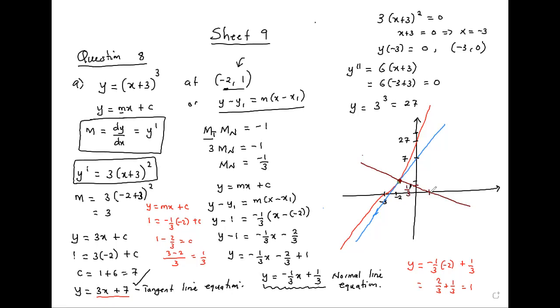And on this side, we can find the intercept by equating the whole thing to 0. So it will be positive 1.